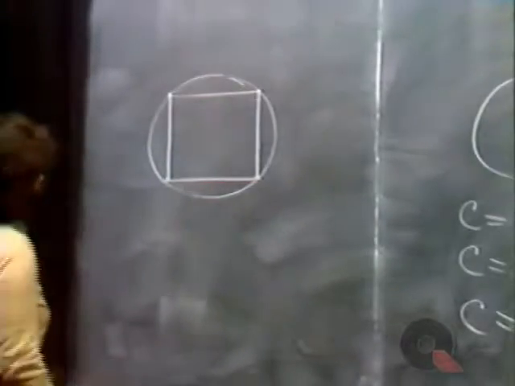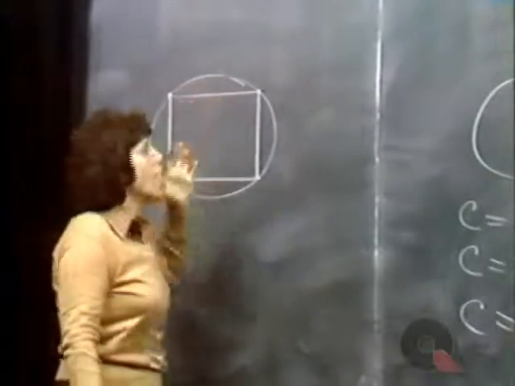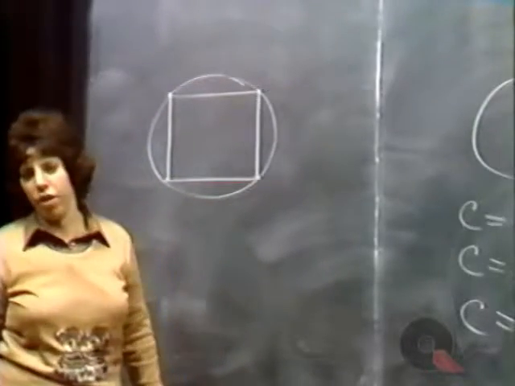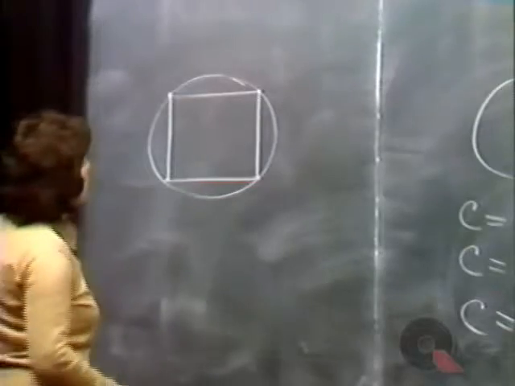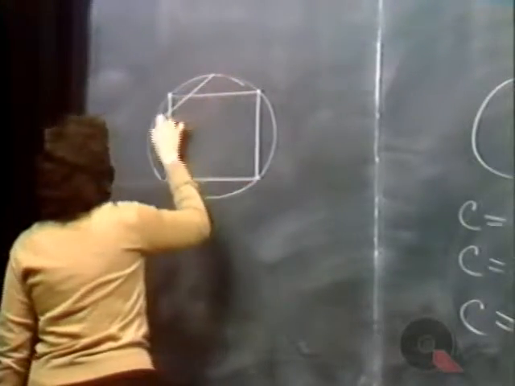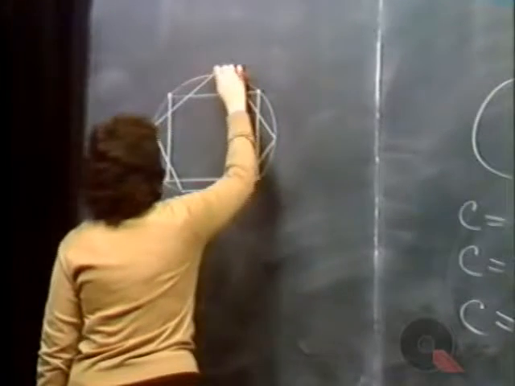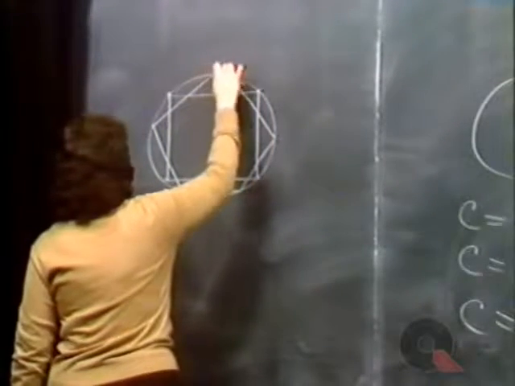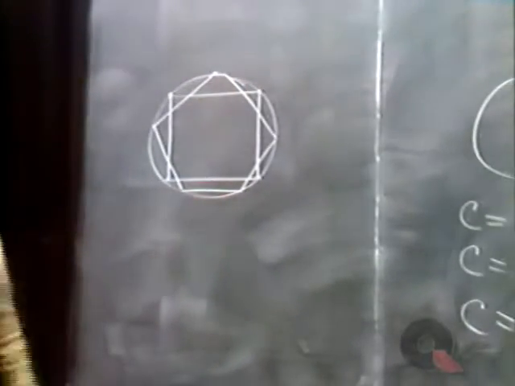And you could say, well, look, I know how to find the area of this square, and that's a rough approximation to the area of the circle. On the other hand, you might say, wouldn't it be nicer if I put a 5-sided figure in? Inscribe a pentagon in the circle.